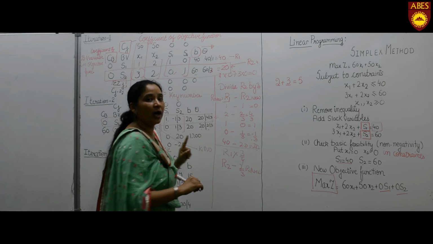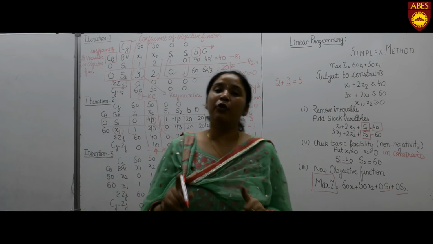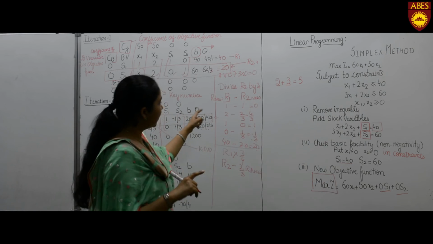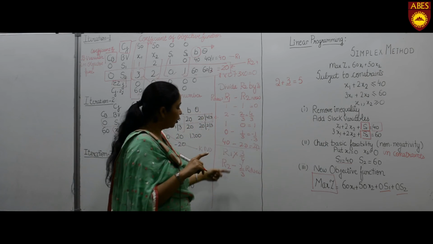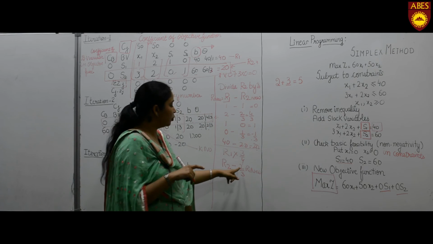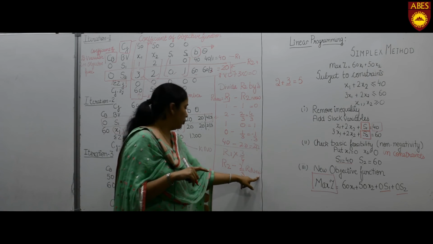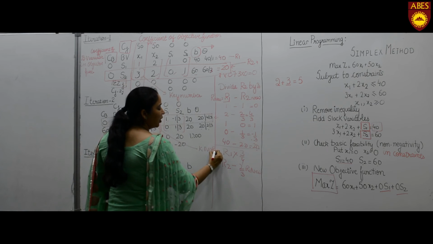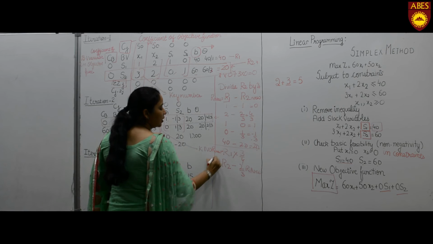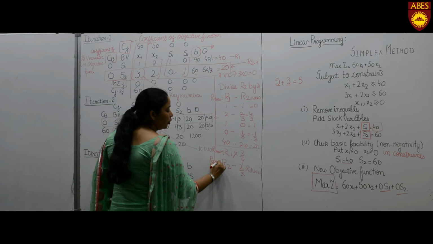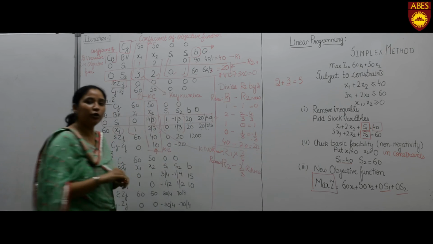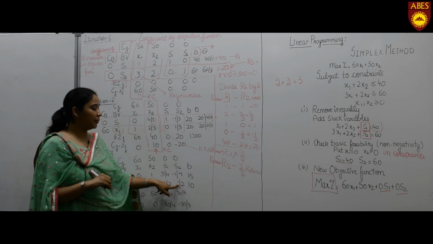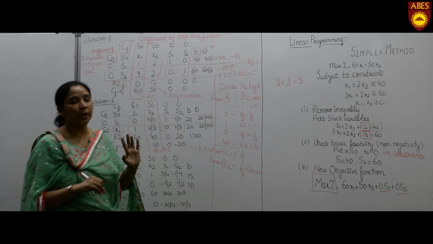We will use the R1 new row for making that conversion. Like we have done above, we will do this here also. Then R2 will come out to be 1, 0, minus 1 by 2, 1 by 2, 10. This is R1 new and this is R2 new.